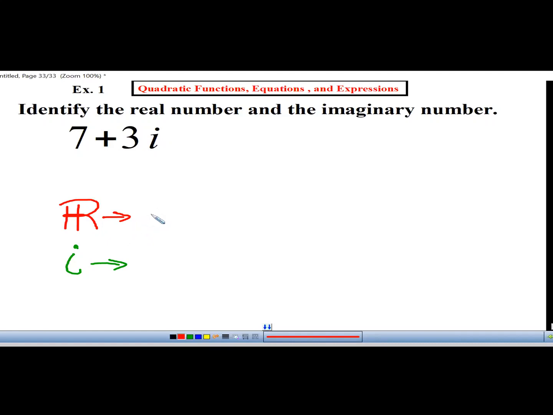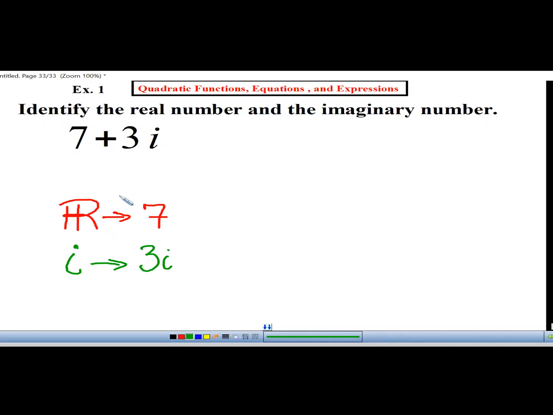The top one, the R. In the expression, it's 7. Okay, yeah. How about the imaginary, Michael? 3i. Thank you.